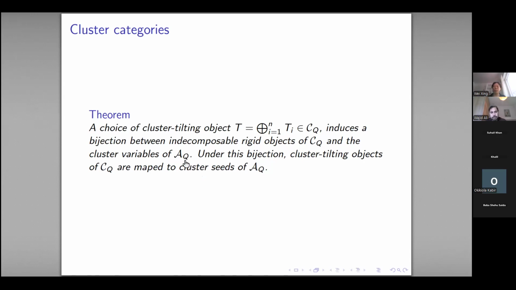So here we start from a quiver Q, and with the initial seed x1 to xn, we can define a cluster algebra. And there are clusters and seed mutations in this picture.